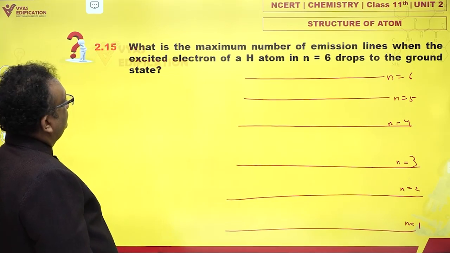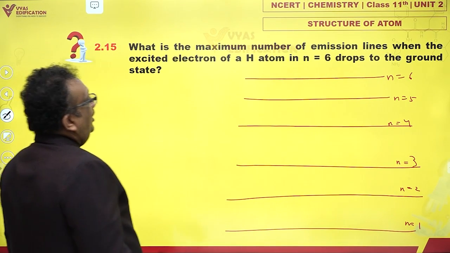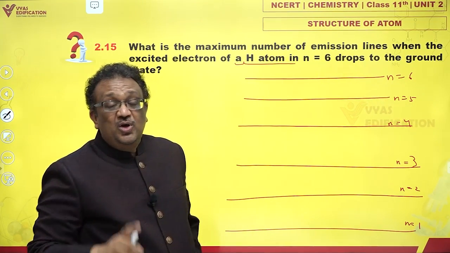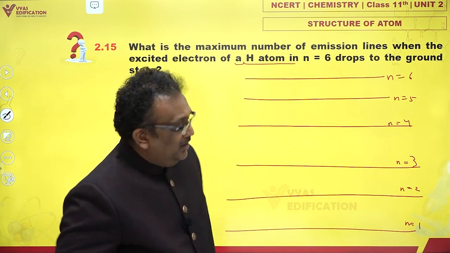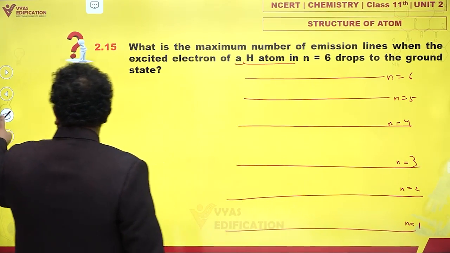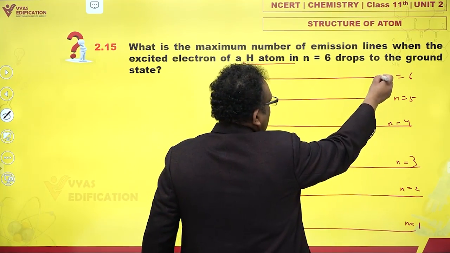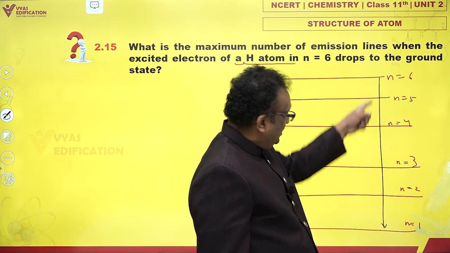First of all, please remember, you have only a single hydrogen atom, you don't have many. So what are the ways in which the electron can fall back? Well, from n is equal to 6, straight it could have fallen back from 6 to 1.